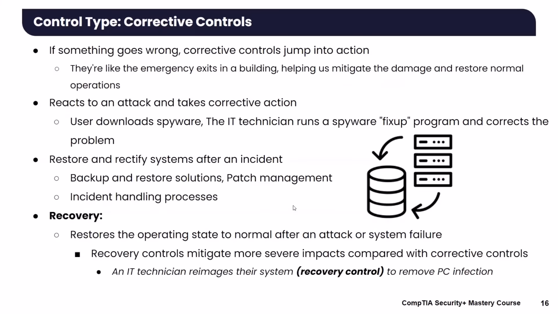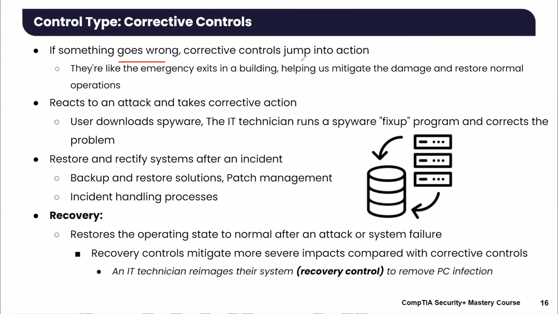Corrective control. Well, if something goes wrong, if you're under attack, corrective controls jump into action. They're like the emergency exits in your house or building, where people can run out and get out if the house is on fire. So the idea of corrective control is to restore things to normal operations, basically take things back to normal.